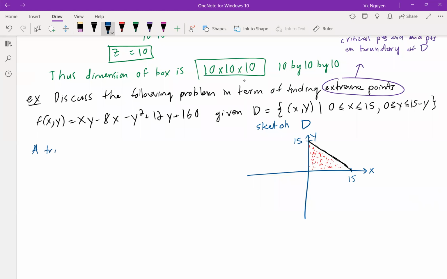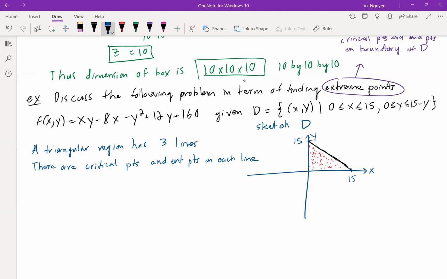A triangular region has three lines, and there are critical points and endpoints on each line, meaning that you have to repeat finding extreme values three times, right?